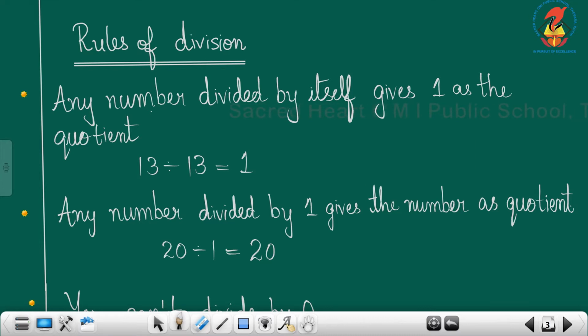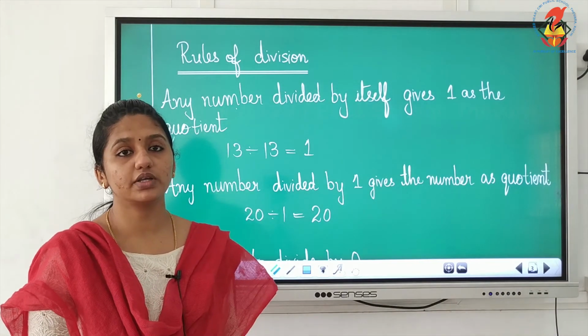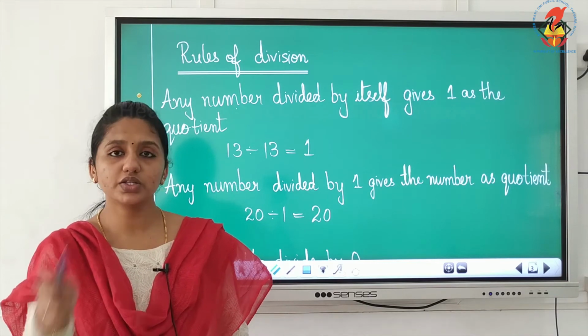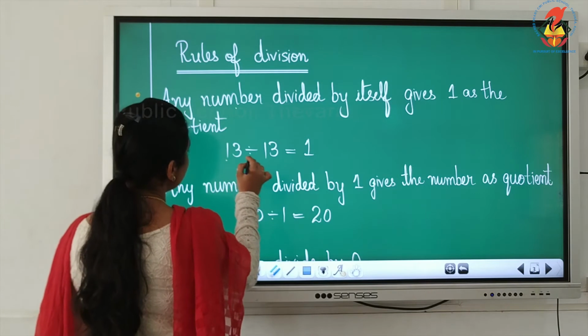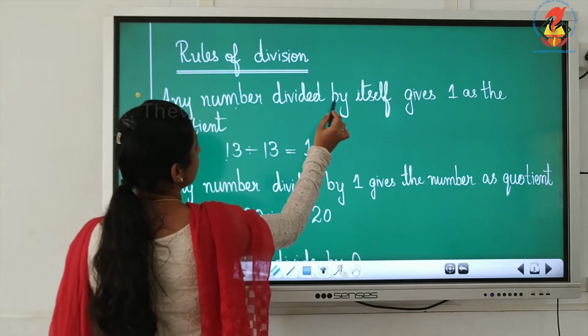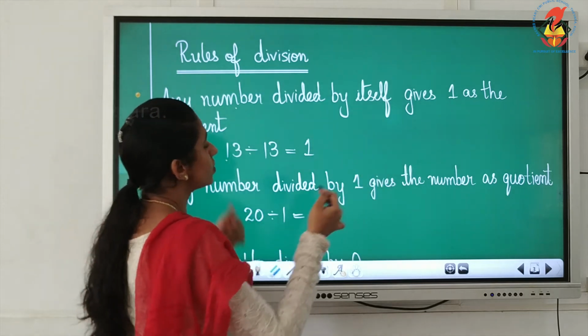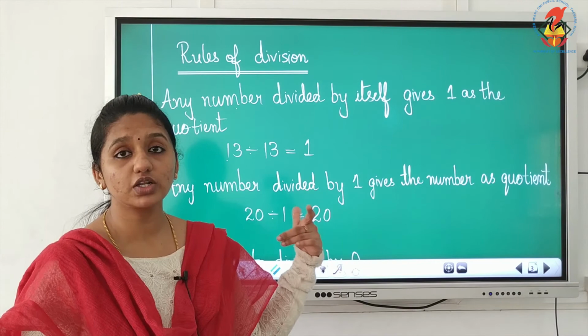For example, 5 divided by 5. In the 5 table, how many times does 5 go? It's 1 time. Another example is 13 divided by 13. The answer is 1. Any number divided by itself gives 1 as the quotient.